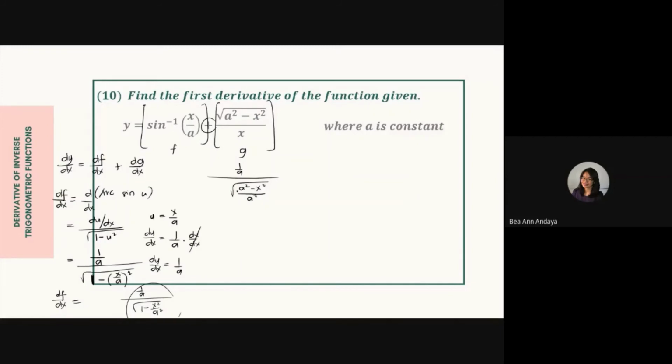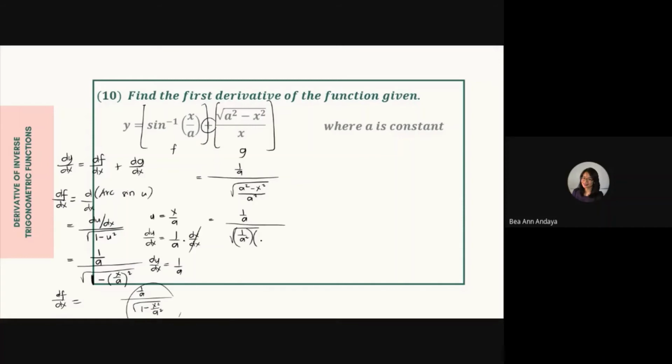As you can see, pwede nating i-factor out dito yung 1 all over a squared. Or, let me just rewrite this. Again, 1 all over a divided by the square root of 1 all over a squared.